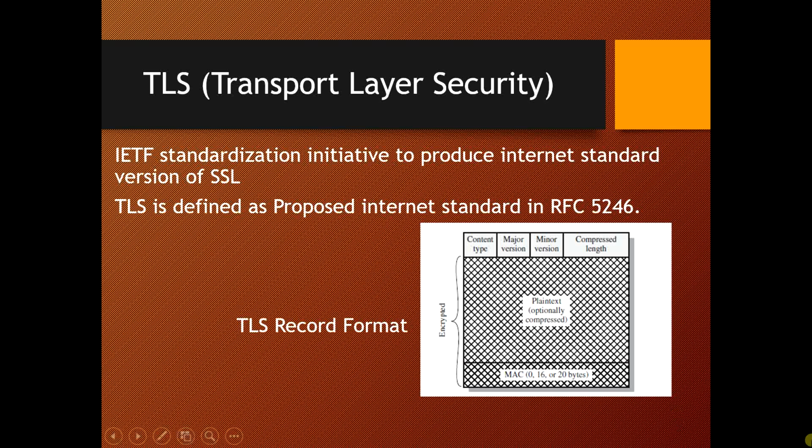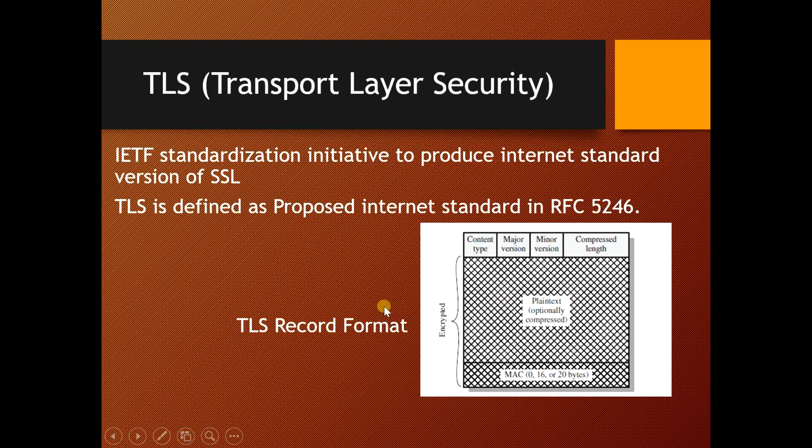So here in the figure you can observe the record format of the SSL, and we have already seen how we computed the MAC, how we obtain the encryption, the content type, major version, minor version, and compressed length, and how this entire record format was formed in the SSL.